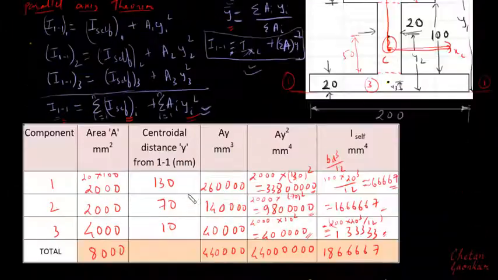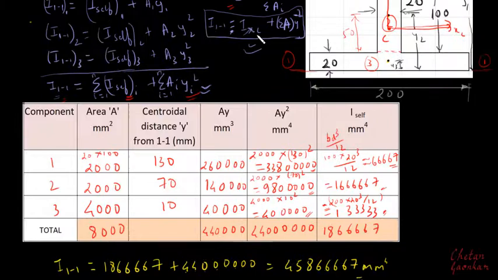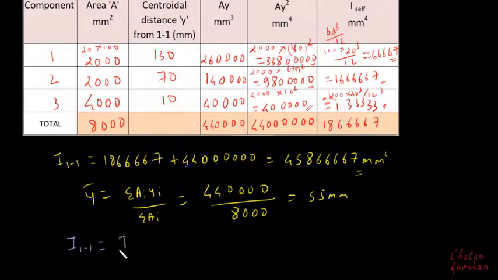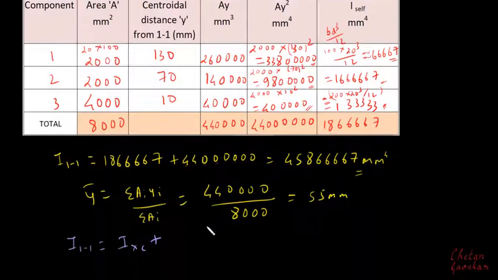So what I can do here is I can again use the parallel axis theorem, and that theorem will be I11 equal to IXC plus summation of areas multiplied by y bar square, and I have all this data with us.